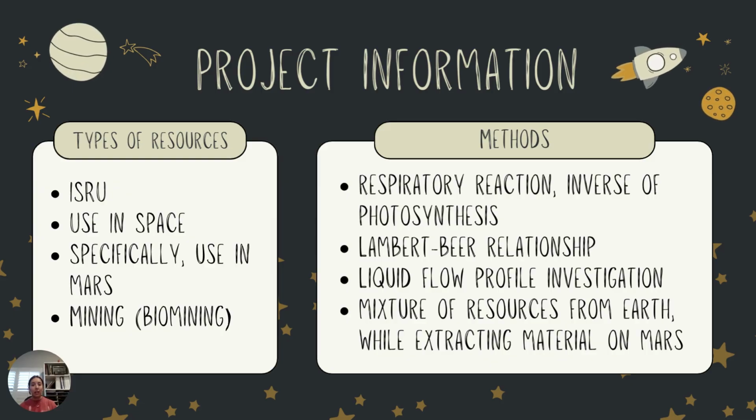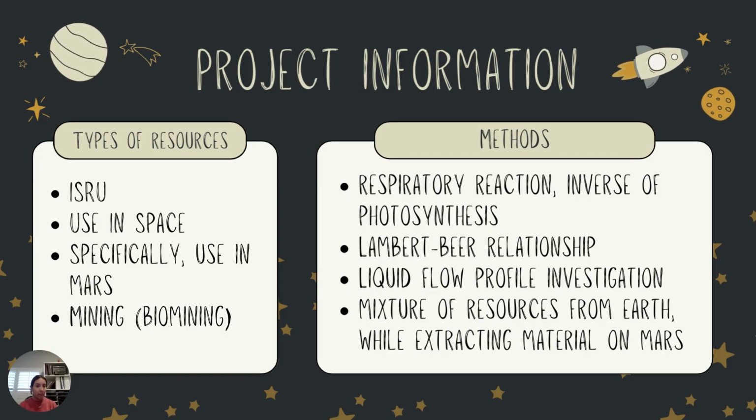And these equations, the Lambert-Beer relationship and the respiratory reaction, are both able to model exactly how much of this algae will be produced and used, the limiting reagents, how much CO2, how much O2 we need to be using, and is really just an encompassing theme for how the process will actually work.